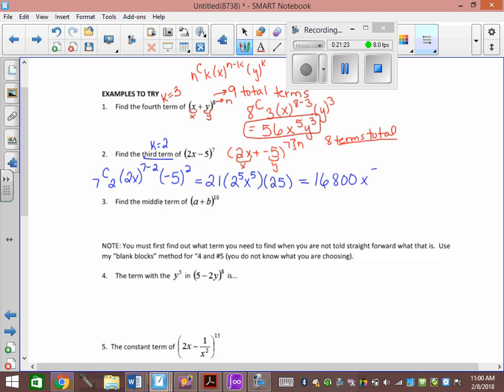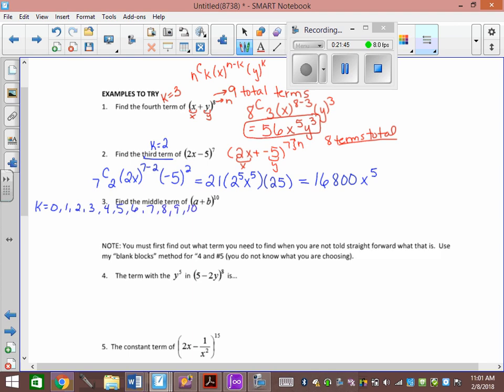X to the 5. Now the middle term is often hard for people to figure out. So all I do is write out all my k's and then pick the middle k. I know I'm going to start at k equals 0 and work to k equals 10. So k equals 0, 1, 2, 3, 4, 5, 6, 7, 8, 9, 10.